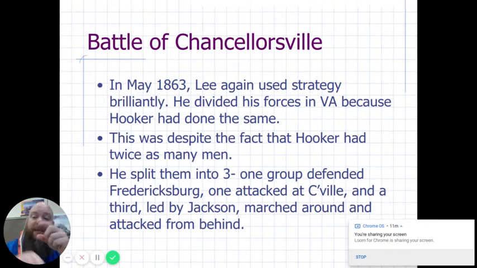In the meantime, he had a 3rd force sneak around the back of the Union while the battle's going on. Imagine you're shooting at each other across the field with forces in 2 different directions, and all of a sudden a 3rd group comes from behind. You are, as they say, up a creek without a paddle.